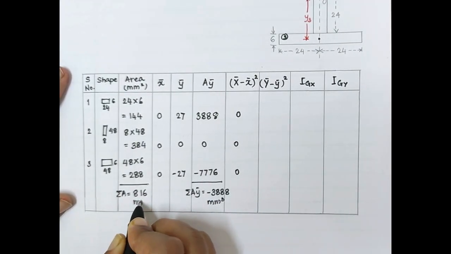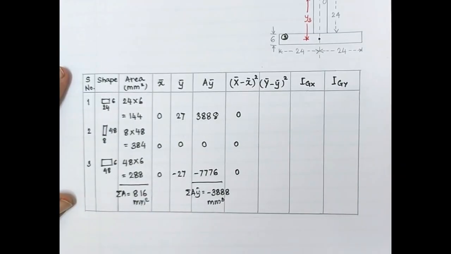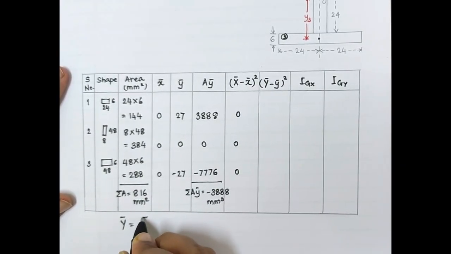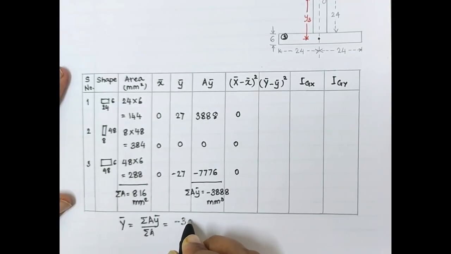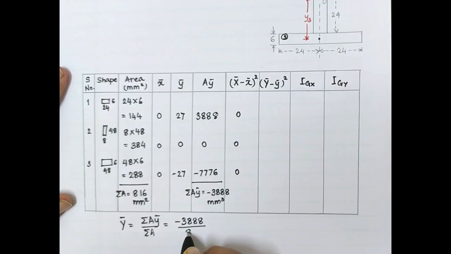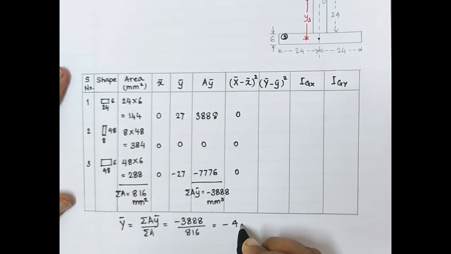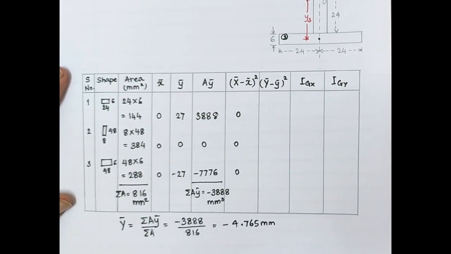Now let's calculate capital Y. Capital Y is nothing but summation AY bar by summation A. So that is minus 3,888 divided by 816. The value comes out to be minus 4.765 mm.